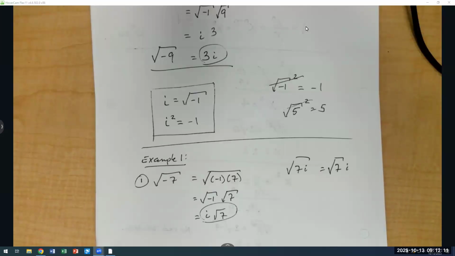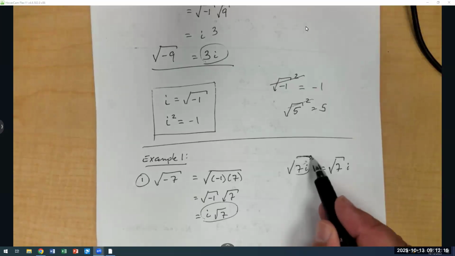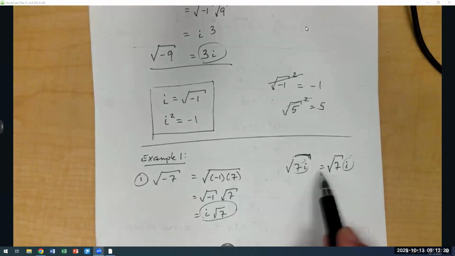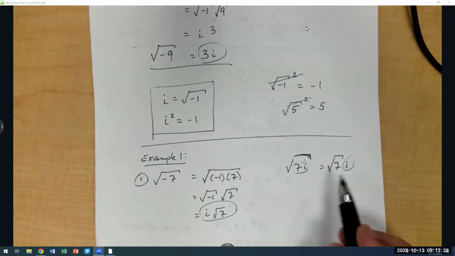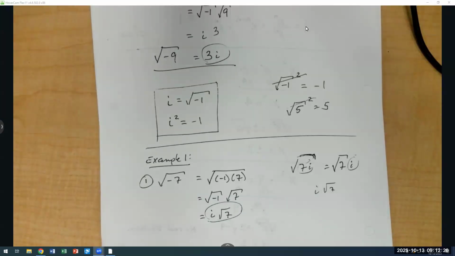No. This one, the I is incorporated inside the square root. This one, the I is outside the square root. But to remove that possibility, that's why I put the I in front of the square root. Whenever you have an imaginary number and you have a radical, put it in front of the radical, so you don't get mixed up like that.